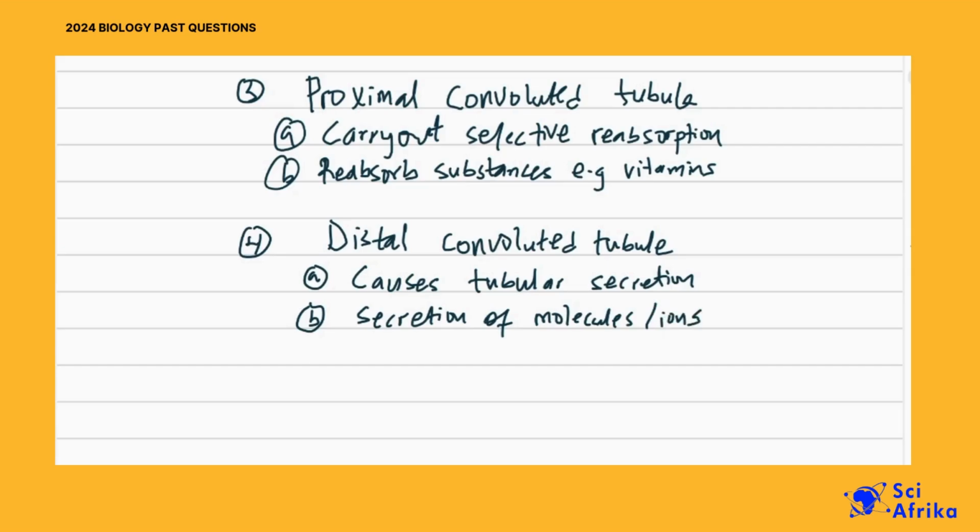Another function is the reabsorption of water. It also reabsorbs a certain amount of water back into the body. So the distal convoluted tubule helps to cause tubular secretion.